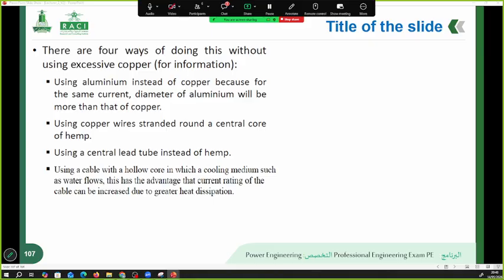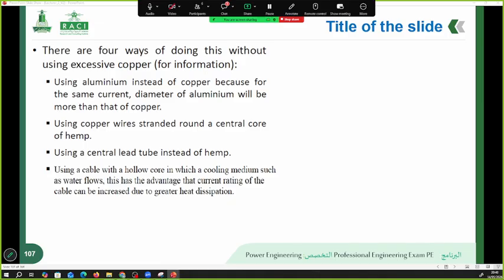First of all, aluminum has a higher resistivity than copper. So for the same current carrying capacity, an aluminum conductor needs to have a larger diameter. Another method is using copper wires stranded around a central hemp core.